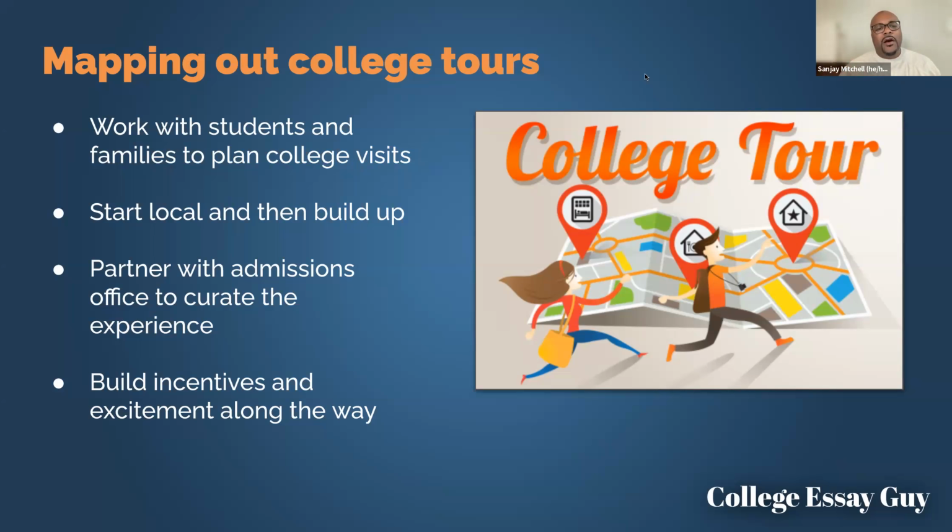So to mitigate all of that frustration and to avoid burnout for you, right? That's the key part here. How do we make sure that you're building an efficient process that is so self-sustaining that you have some breathing room, you have some time to just be down and just chill out and do what you need to do in the summer to replenish, but also they're learning and they're engaging and they're exposing themselves at the same time, right?